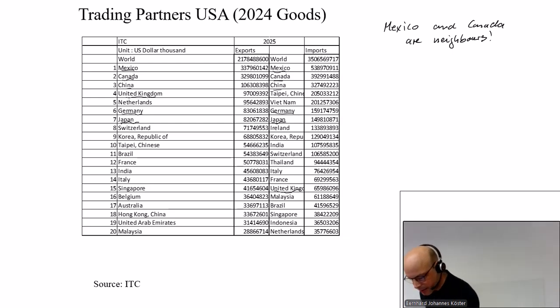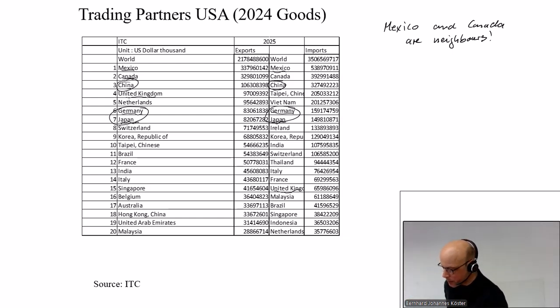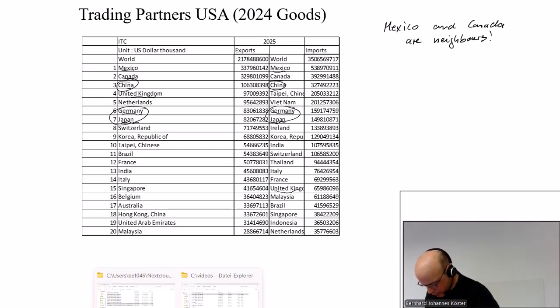Let's maybe take these three countries. What do they have in common economically? This I actually showed you in the beginning of the lecture. Let's have a look. I just opened this. Yes, great.